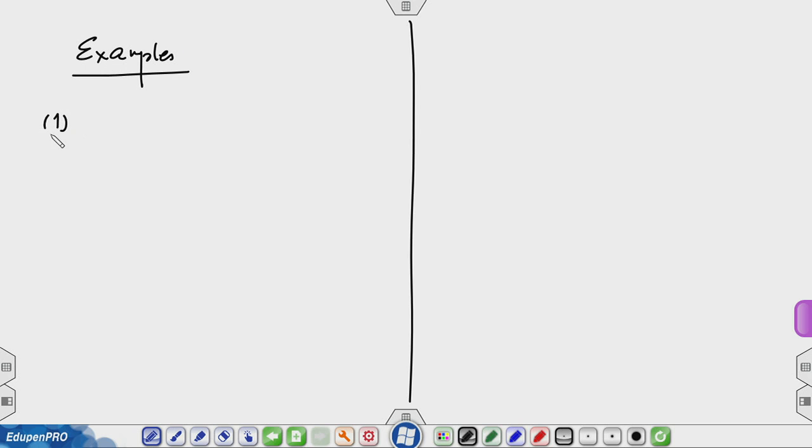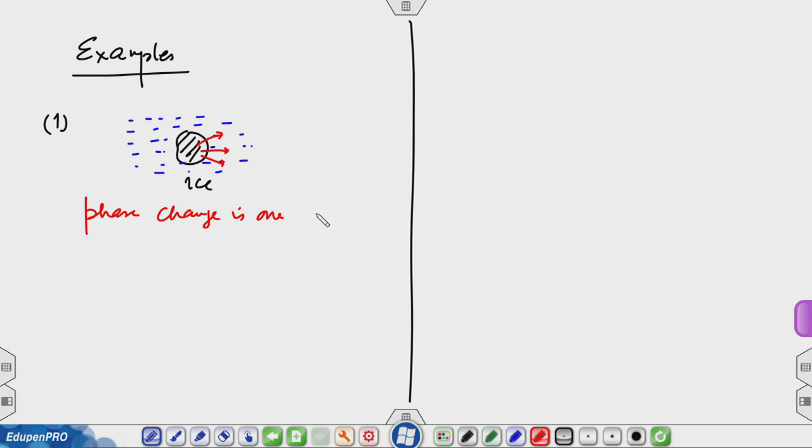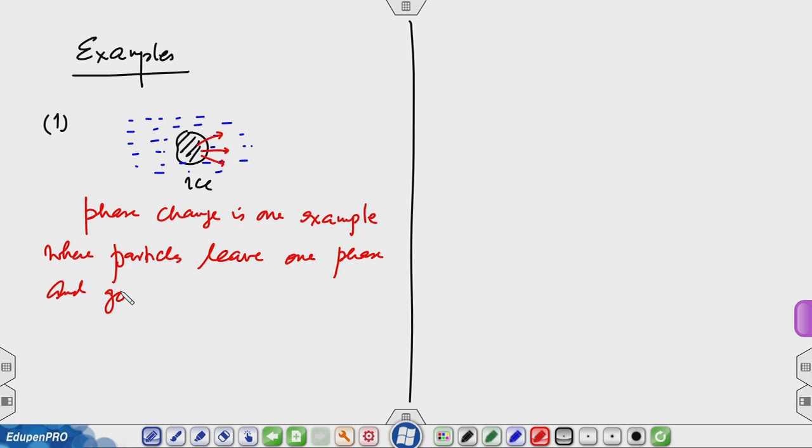one, suppose there's some ice and it is kept in water and they're not in equilibrium. Then slowly water molecules will go from ice to water. So phase change is one example where particles leave one phase and go to the other.